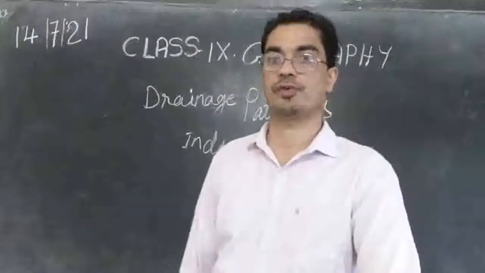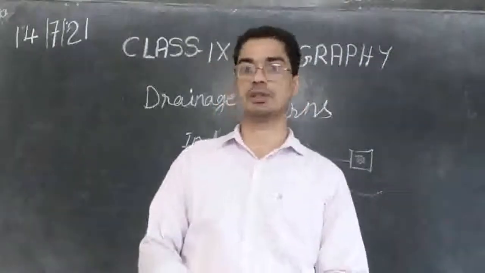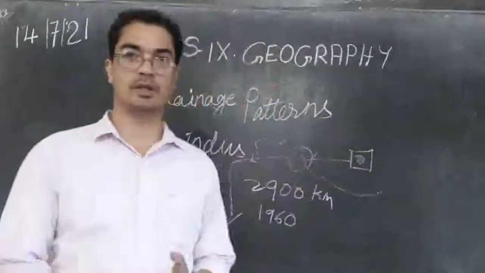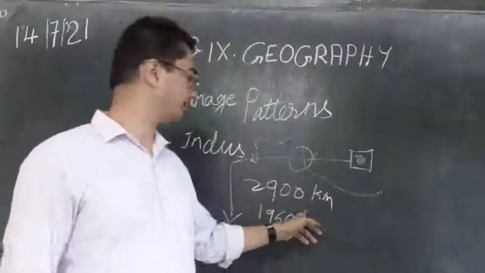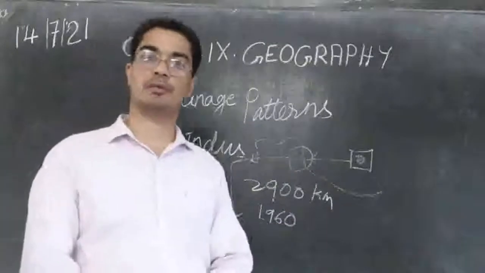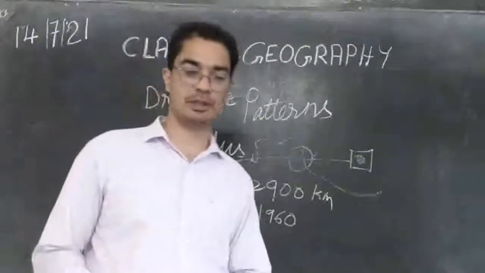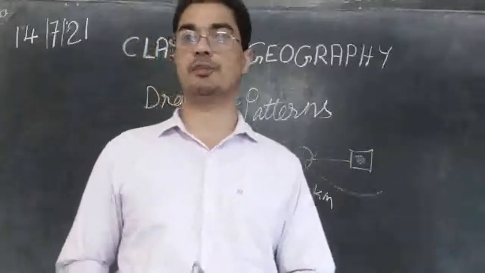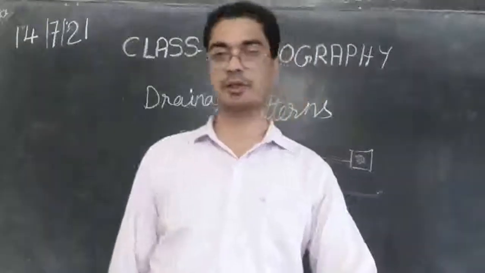Remember all these names of the tributaries, and the length of the river is 2,900 kilometers. And the treaty made between India and Pakistan in 1960, as per that treaty, India can use only 20% of the water, and the rest of the water will be for Pakistan.